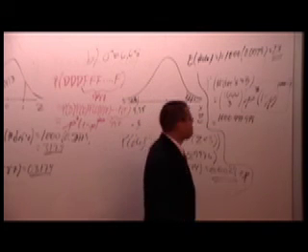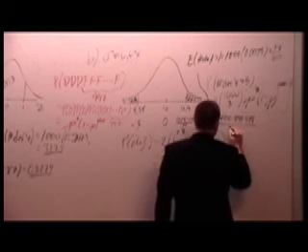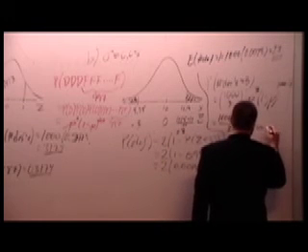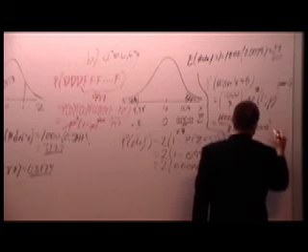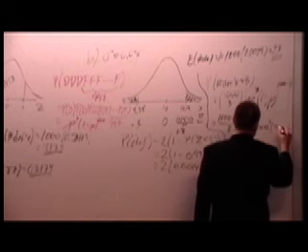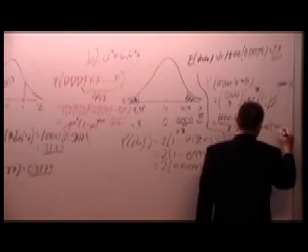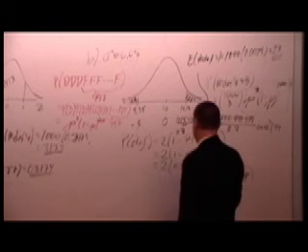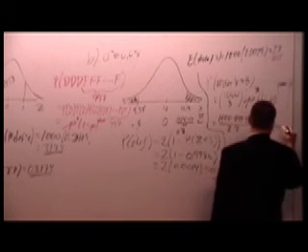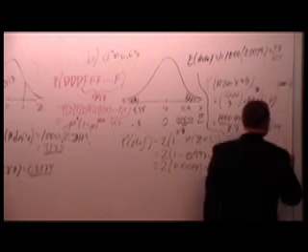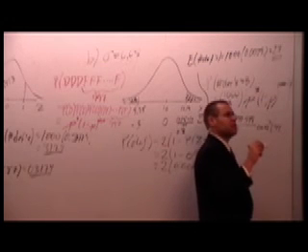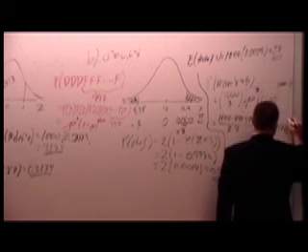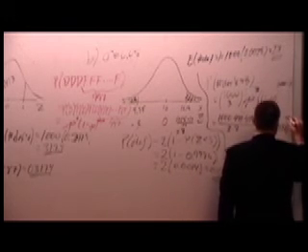So we just end up with 3 times 2 here, and then we have 0.0028 to the power of 3, and we have 0.9972 to the power of 997.